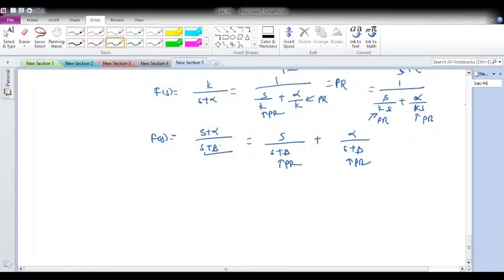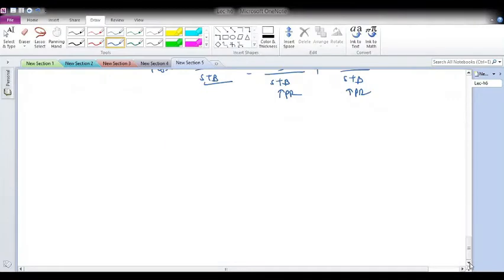Okay, so this way now we are very much confident with these two kinds of things. One is Hurwitz polynomial, we can easily find out whether that polynomial is Hurwitz or not, to decide whether your network is stable or not. And second, also we are confident to check whether a given function is PR or not.